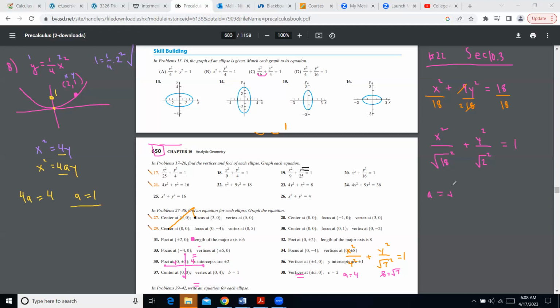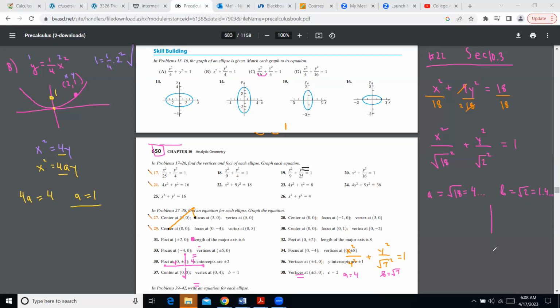So a is going to be square root 18, and b is square root 2. Well, square root 2 is about 1.4 and a little something, so a little bit less than 1.5. Square root 18, it's like 3 square roots 2, so it'll be 3 times 1.4, so like 4 and a little something, 4 point something.